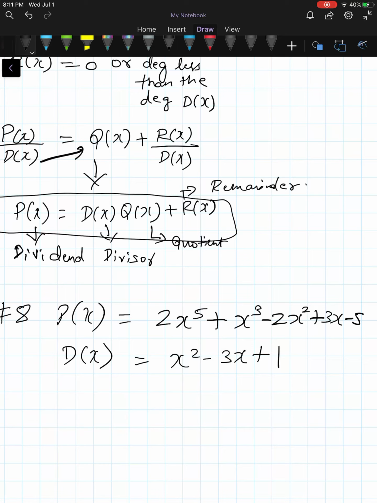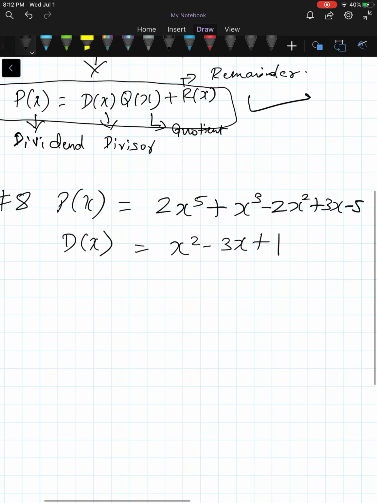They have said to use either synthetic or long division, but I have just taught you the long division method, so I will do this problem using long division. After I teach you synthetic division, we will do some other problems using that method, and express p of x divided by d of x in the form we stated in the division algorithm.